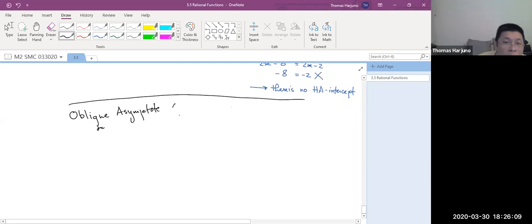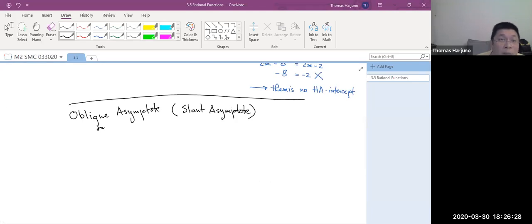Or in the past, we called that slant asymptote. In fact, I would still call that slant asymptote simply because of the nature that it is actually slanted. It's not horizontal, it's not vertical. Let's take a look at an example where we have a slant asymptote situation.